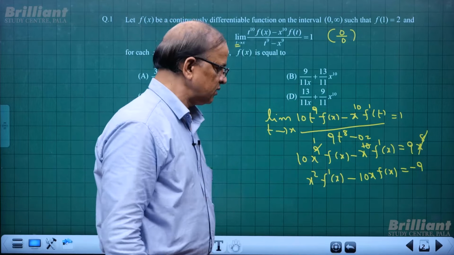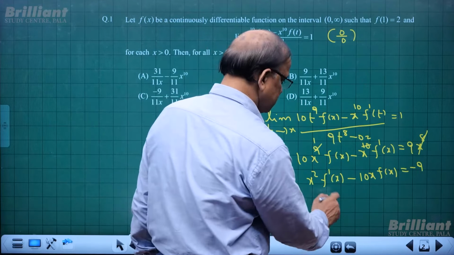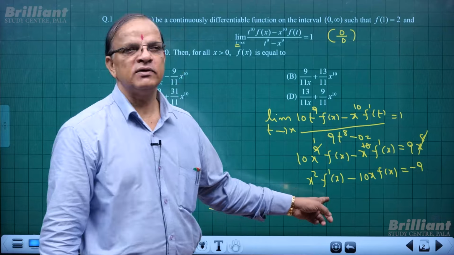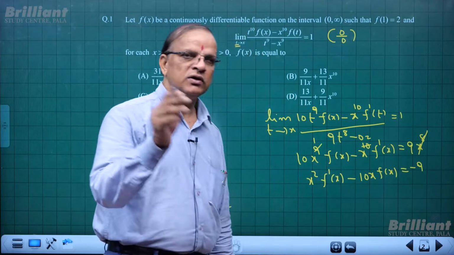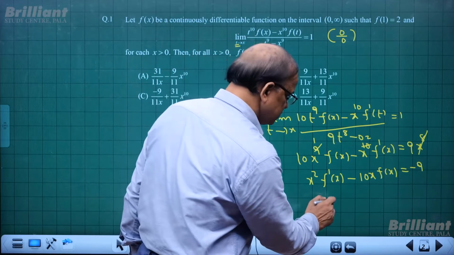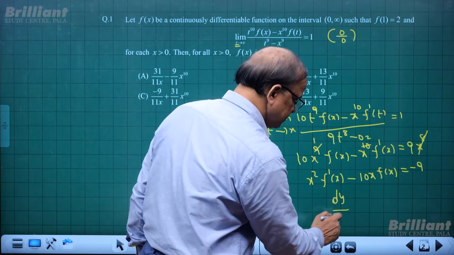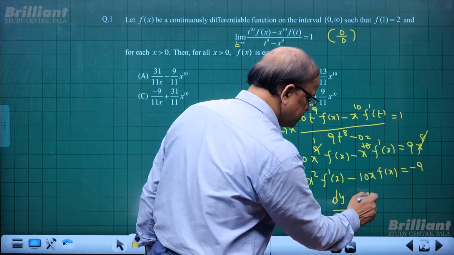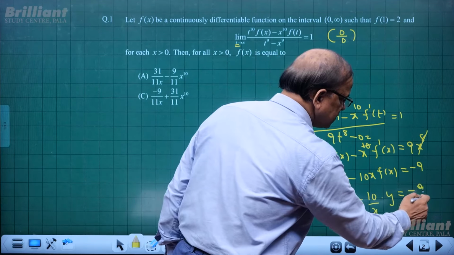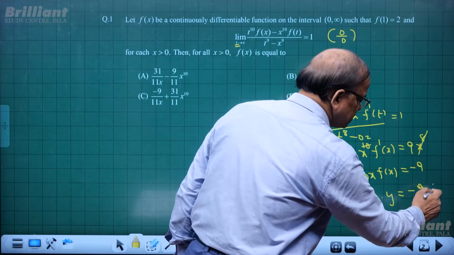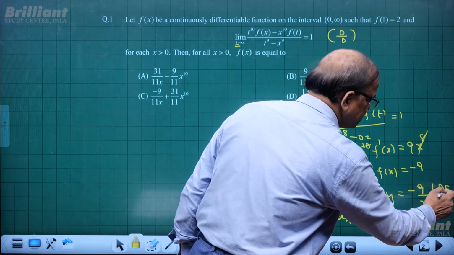Divide by x square. This f dash x I will write as dy by dx, and f(x) is y. So dy by dx minus 10 by x into y is equal to minus 9 by x square. So this is a linear differential equation.